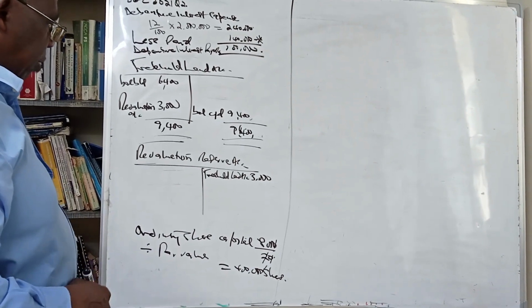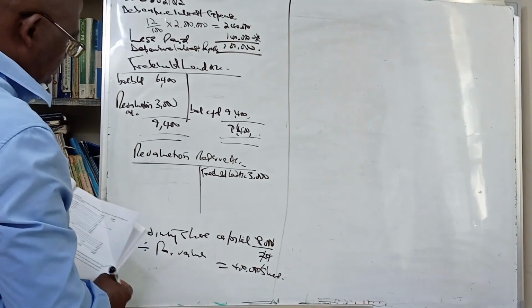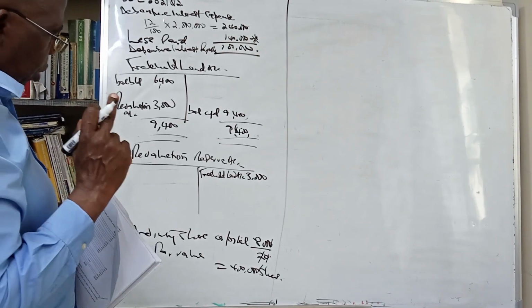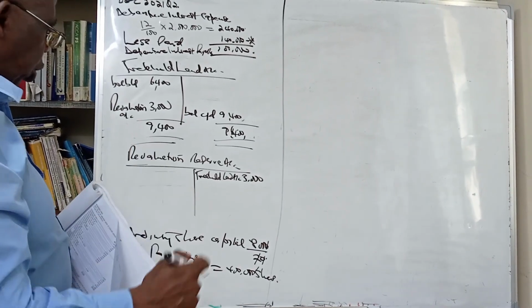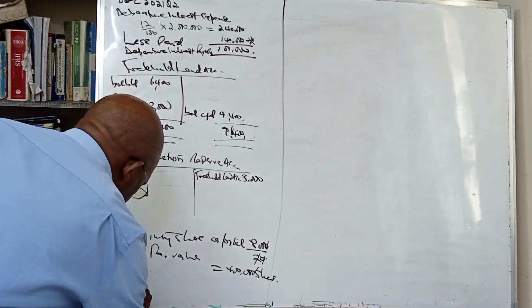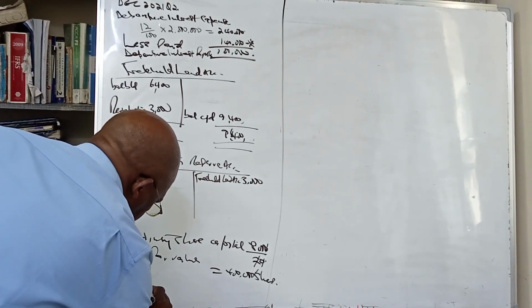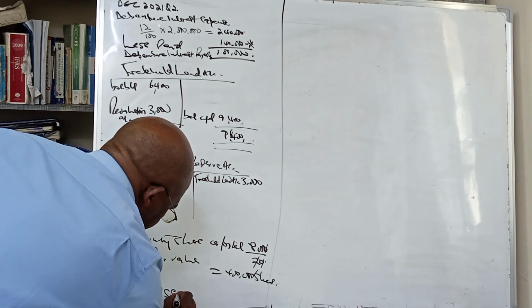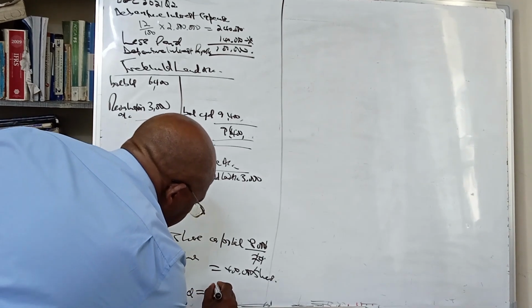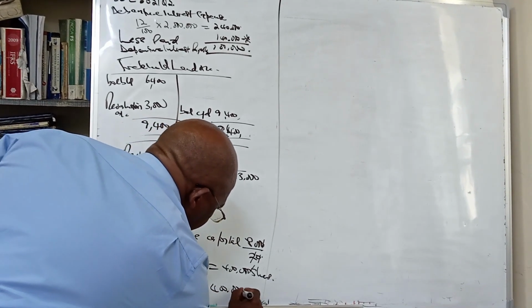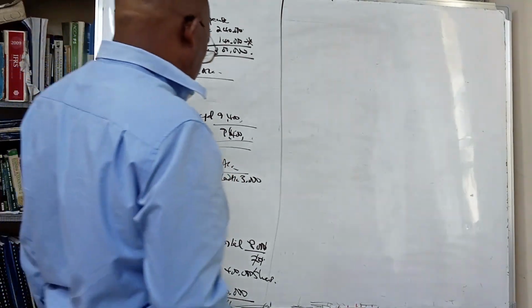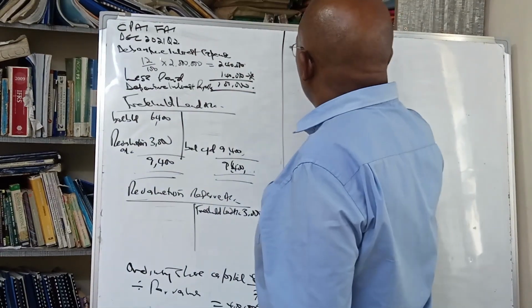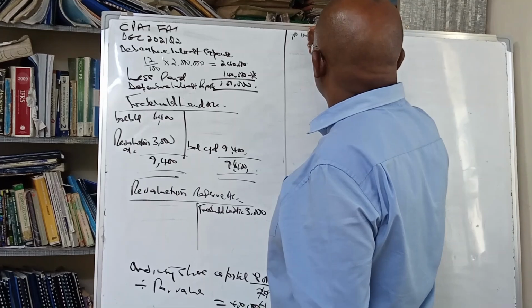We are told for every 4 shares, we are issuing a rights issue of 1 share. The number of shares issued is therefore the 400,000 shares divided by 4.